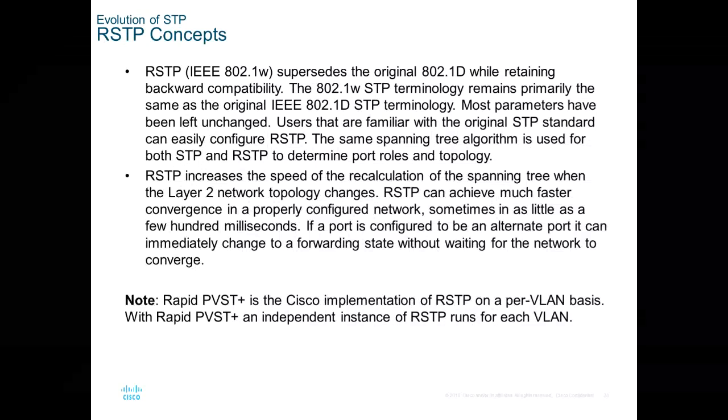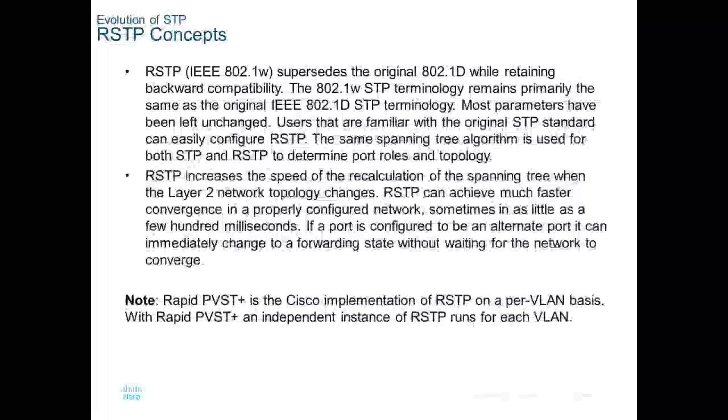So it basically jumps to the forwarding point, which is fantastic when you've got host machines connected to these ports, because you're not going to go through that 30-second delay and having to reset all of your devices to get reconnected to DHCP.